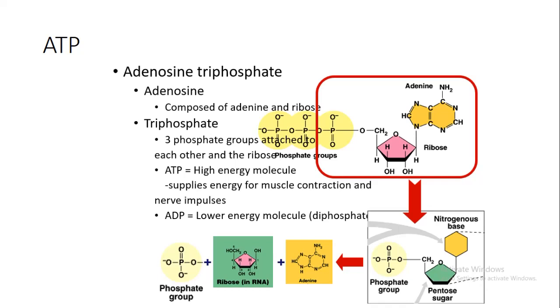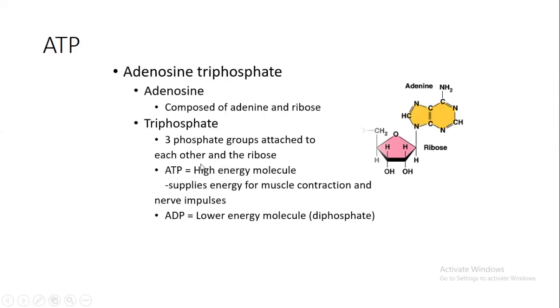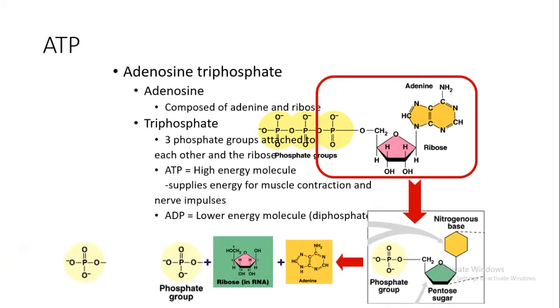In that case it will be adenine monophosphate. Then when there are 2, it will be adenine diphosphate, and when there are 3, it will be known as adenine triphosphate, which is ATP. Make sure that all that information is something you are able to remember.